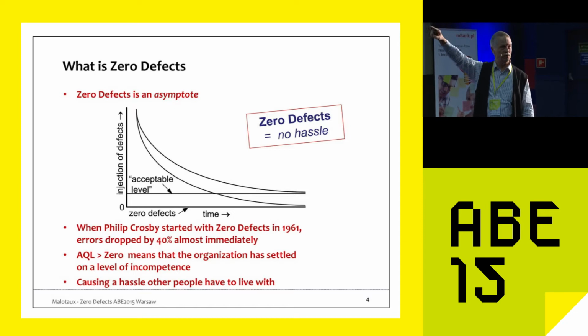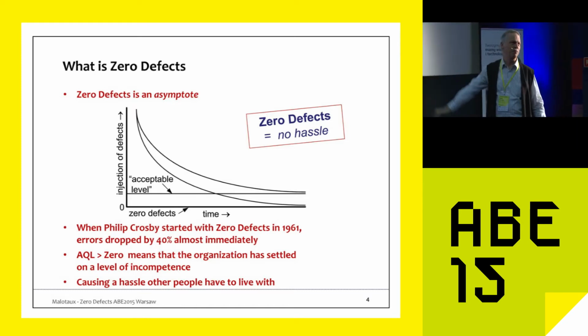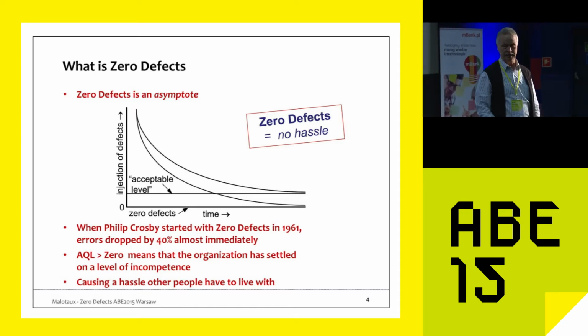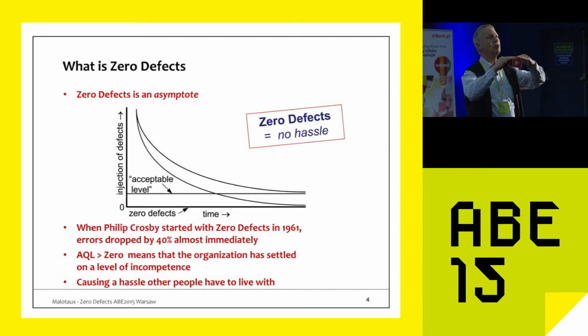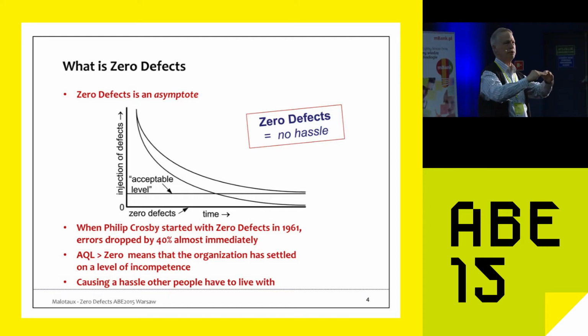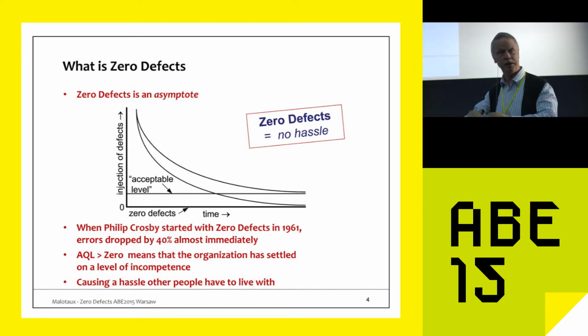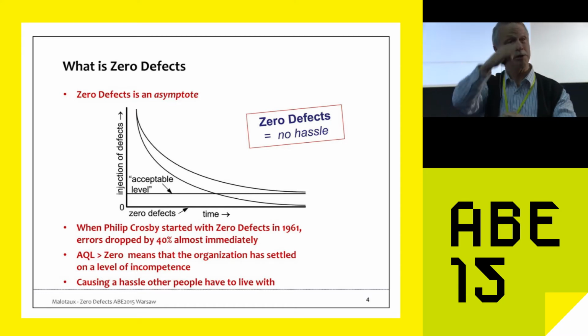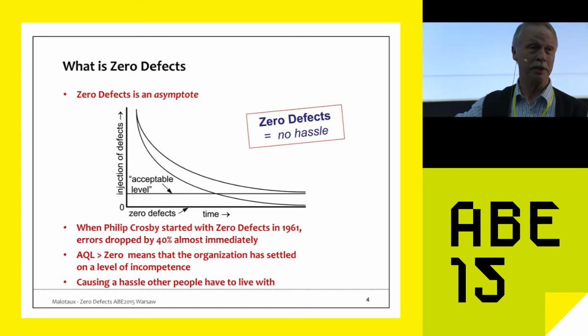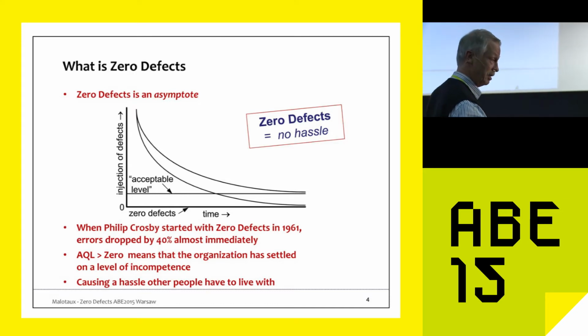And the learning curve goes to the level of acceptable defect injection. So if the quality level is we accept about 13 errors per 1,000 lines of code, then that's our asymptote, so we gradually move towards 13 errors per 1,000 lines of code.